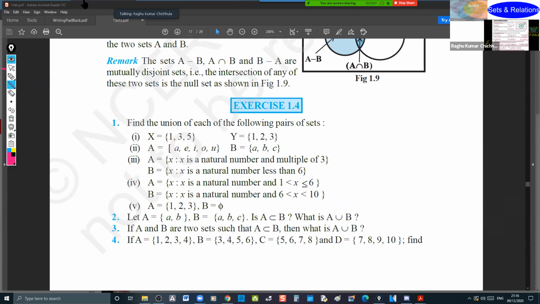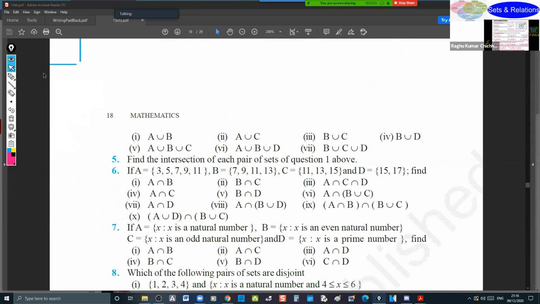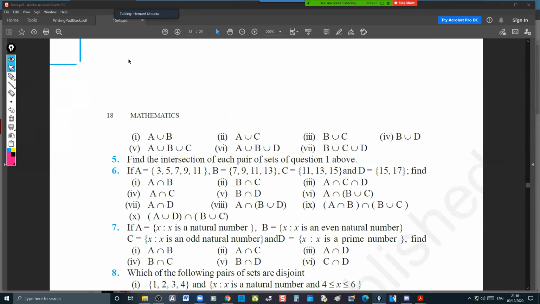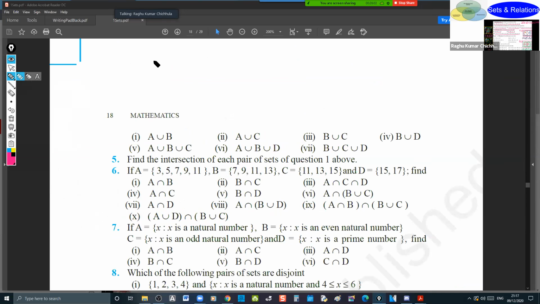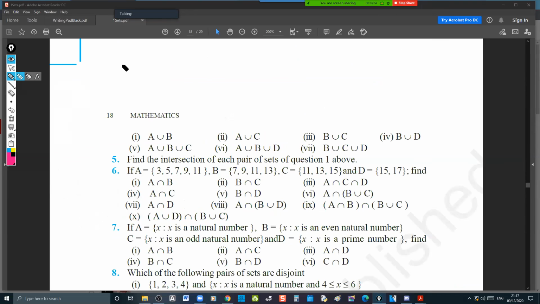Now, come on, tell me A union B now. 1, 2, 3, 4, 5, 6. That's it. Chaitanya. Yes, sir. A union B, 3, 4 is anyway common, 5, 6. Yes, sir.